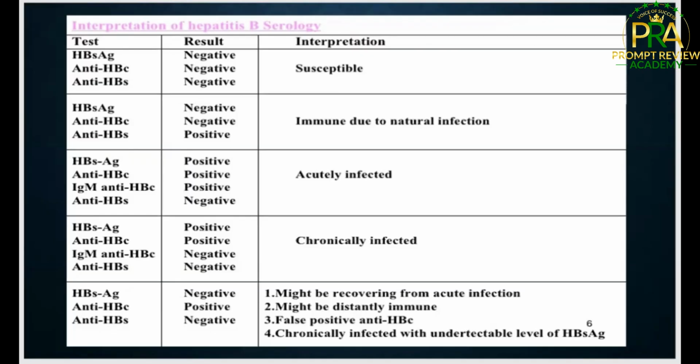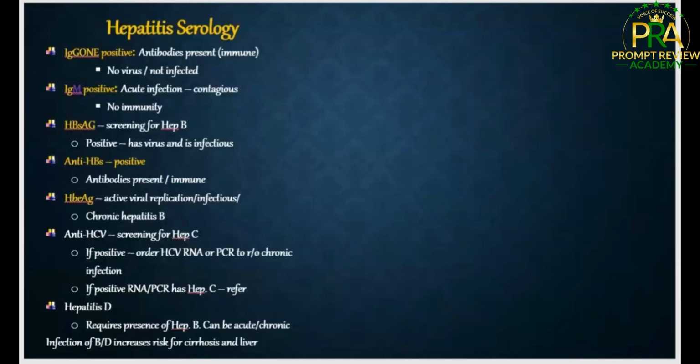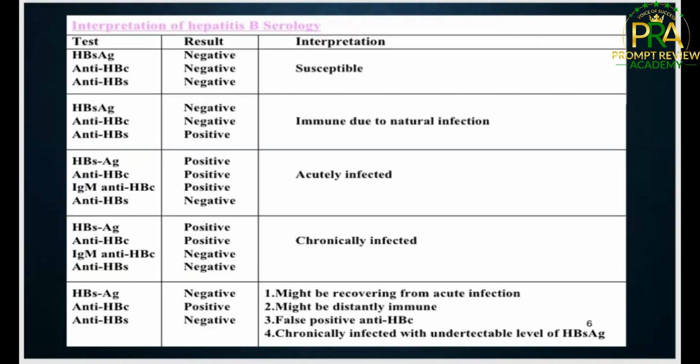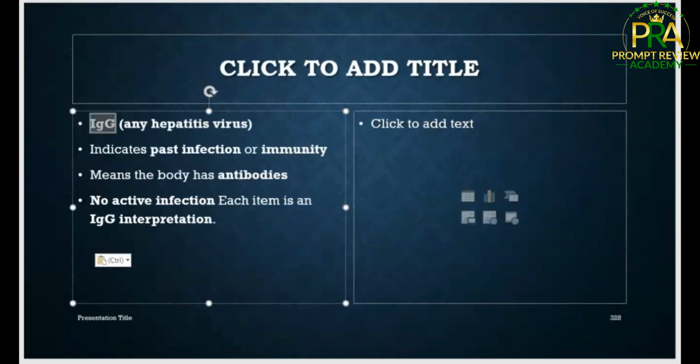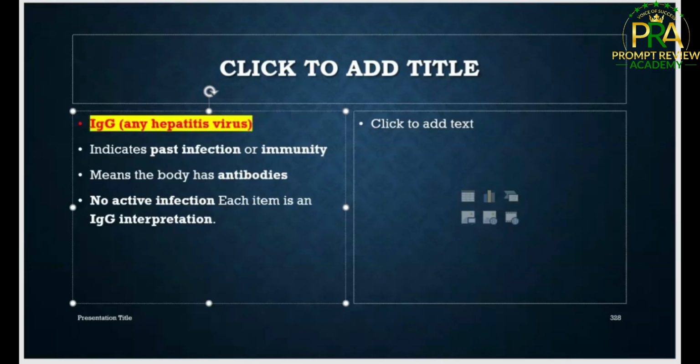IgG. I'm just trying to interpret this table for us here. The first words that you must know, because that is how to help you explain this serology. IgG indicates past infection or immunity. It means that the body has antibody and there is no active infection. Some people use the word G as in gone.